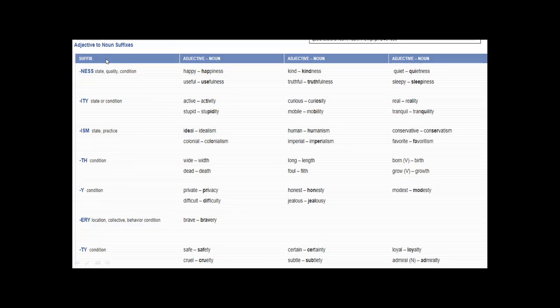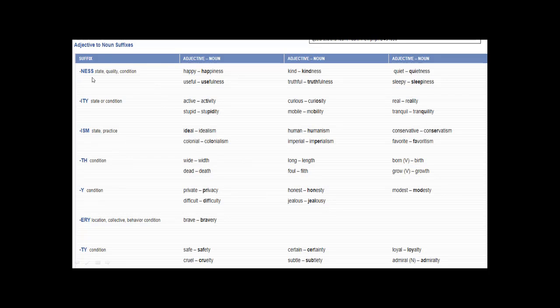Of course, we can get the noun from the adjective by adding a number of suffixes like NESS, ITY, ISM, TH, Y, ERY, and TY.